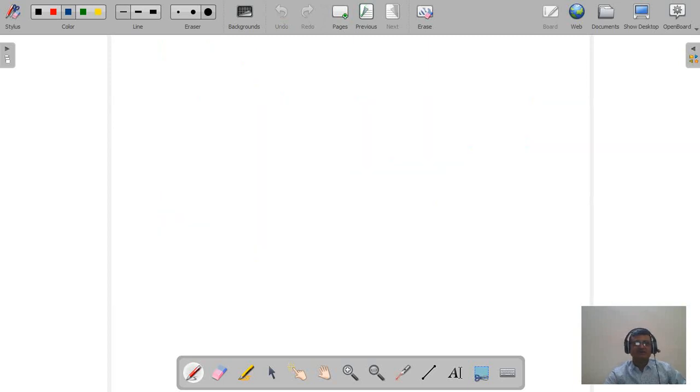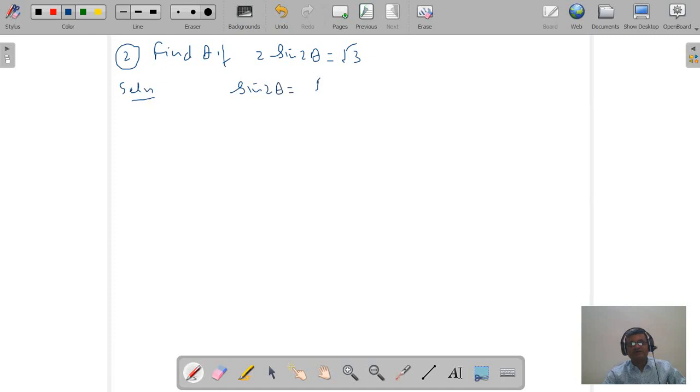Moving to next question. Find theta if twice of sine 2 theta is equal to root 3. Now you see that sine 2 theta is equal to how much?